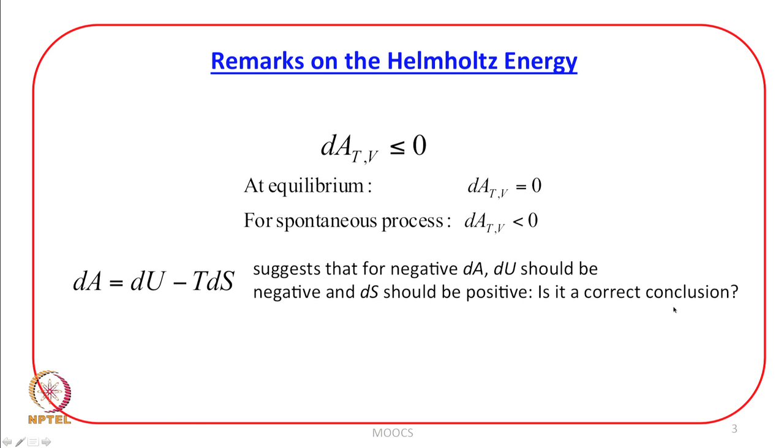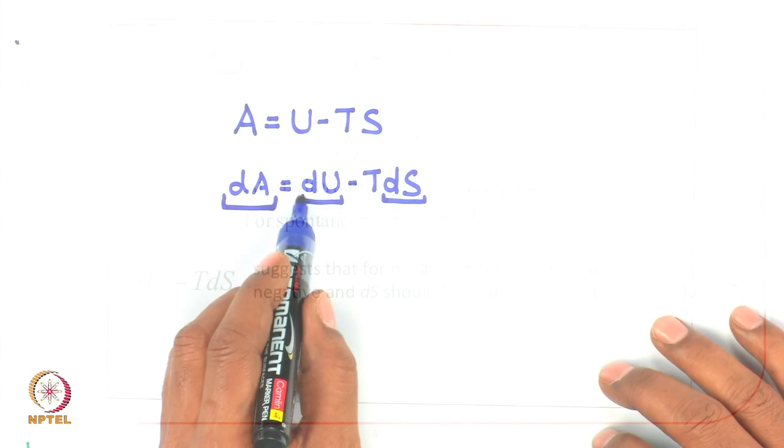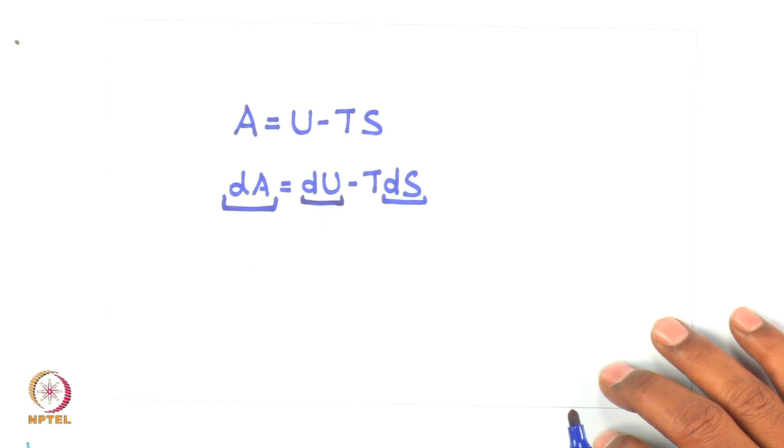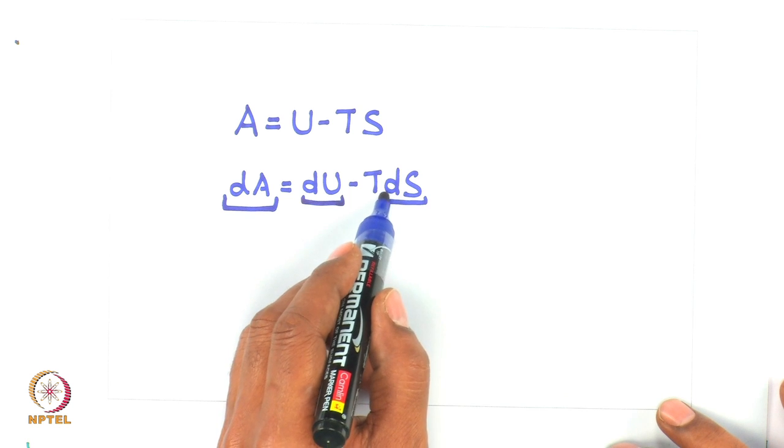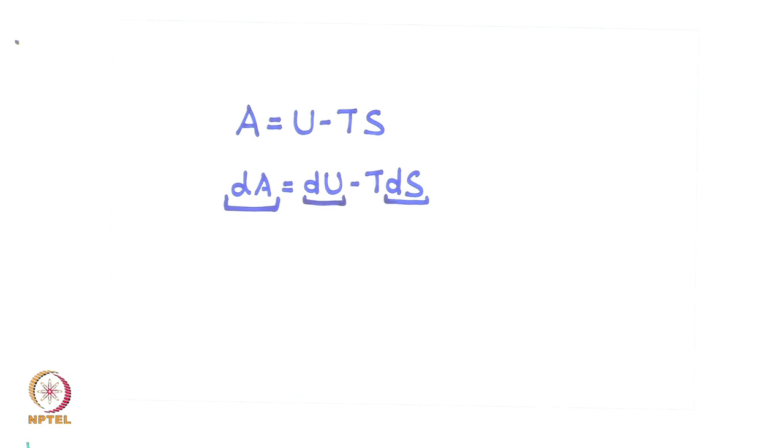Is it a correct conclusion? dU is negative, it means that the system should go towards lower energy, and dS is positive, means entropy of the system must increase. By saying so, are we violating the first and second law of thermodynamics?